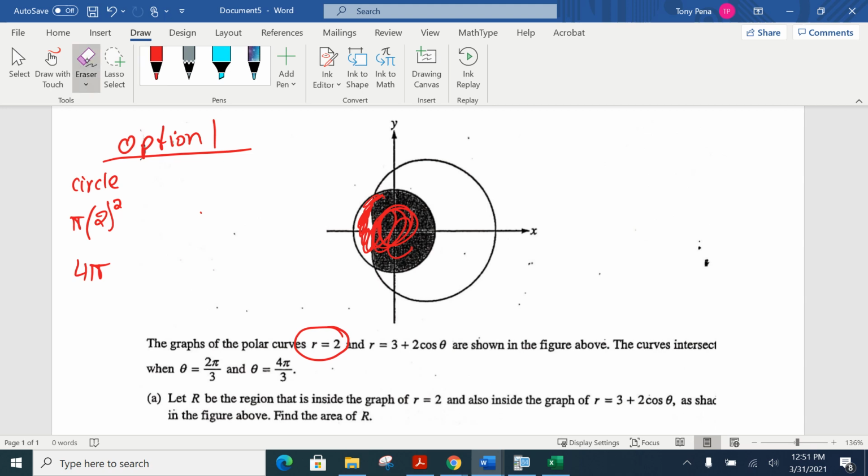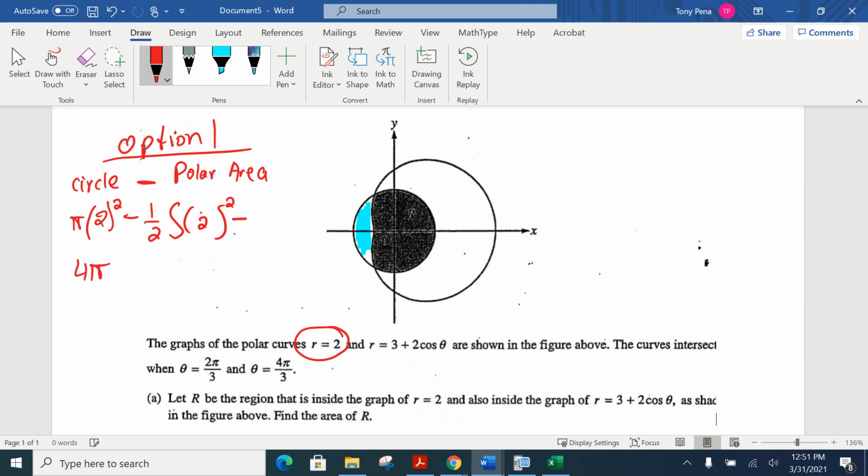But don't we then want to get rid of this area right here? Like we don't want this. So we want to subtract away the polar area. This is what we just got done doing in our notes. I want to set up a question where I'm going to do 1/2 of the outer curve, which is the circle, and subtract away the area of the inner curve, which is 3 plus 2 cosine theta.